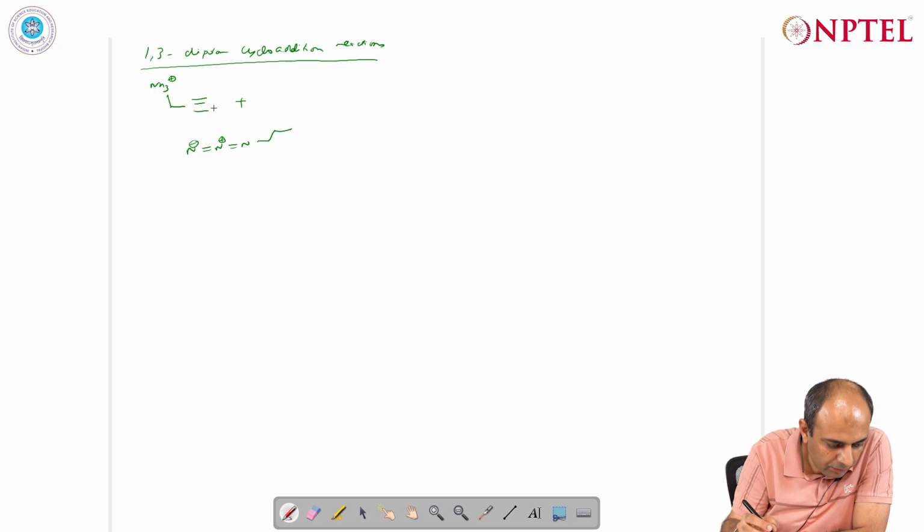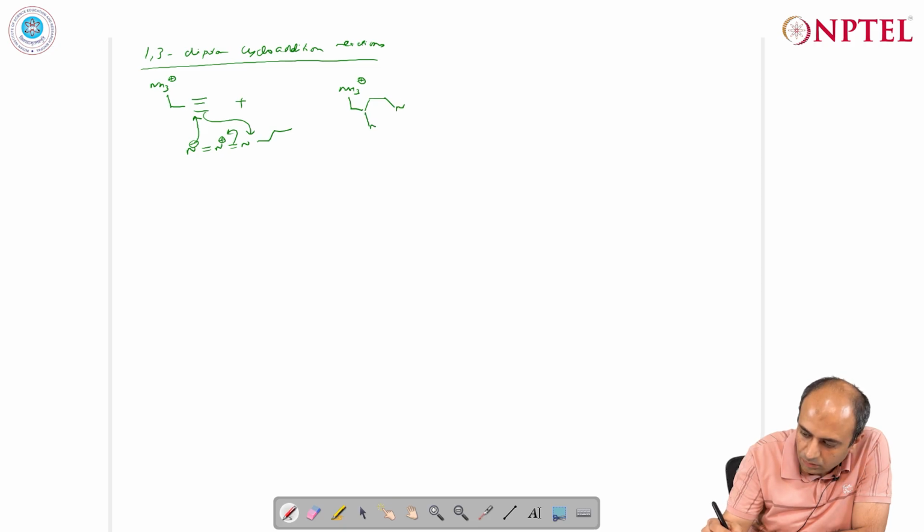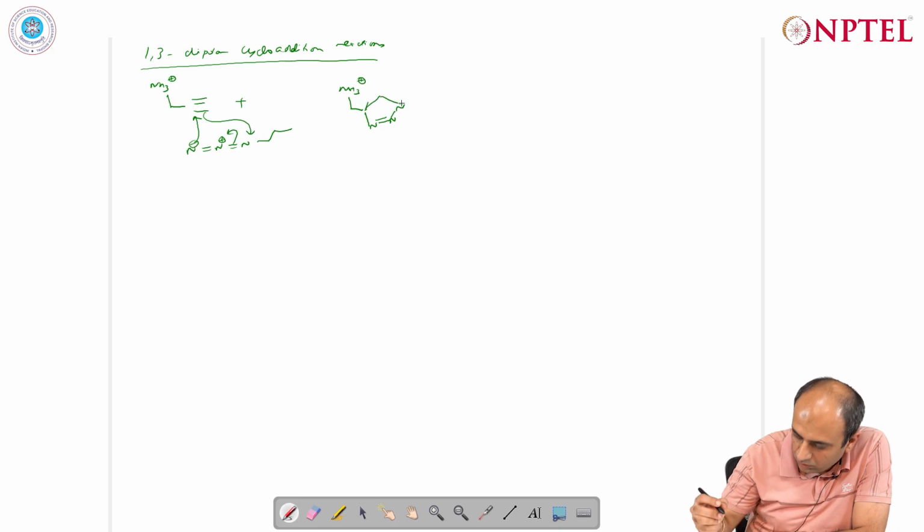In the first case, we can have the following possibility, we can have this, and so this will give rise to the corresponding NH3. So, this will give rise to the corresponding 5-membered ring which is N.